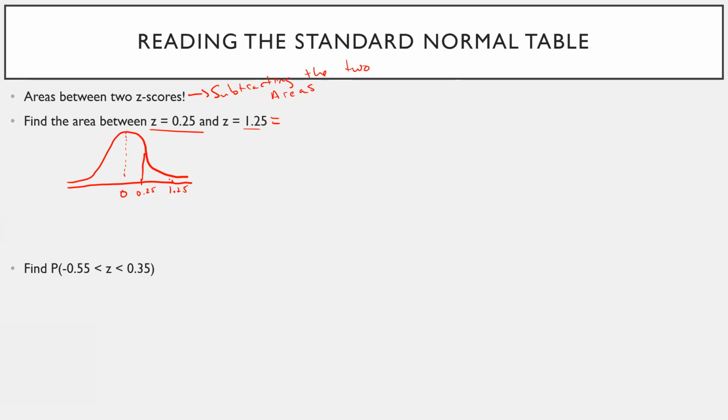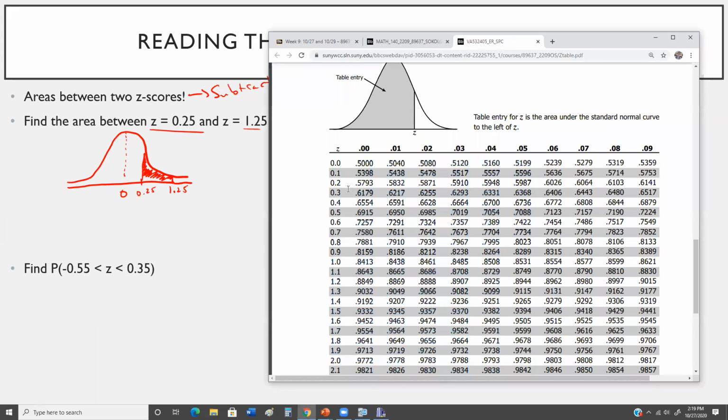So I want to find the area between them. Okay, so the first thing you do is you go look up the higher z-score. Okay, so we're going to go look up this 1.25. So I'm going to go to 1.2. And I'm going to go over to 5. What area do you see there?